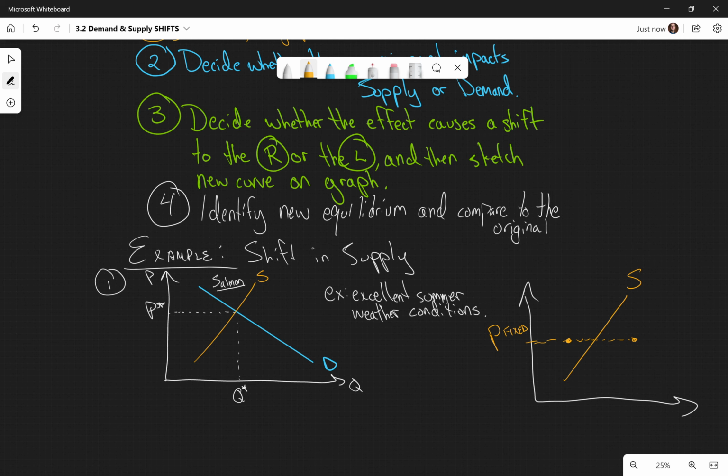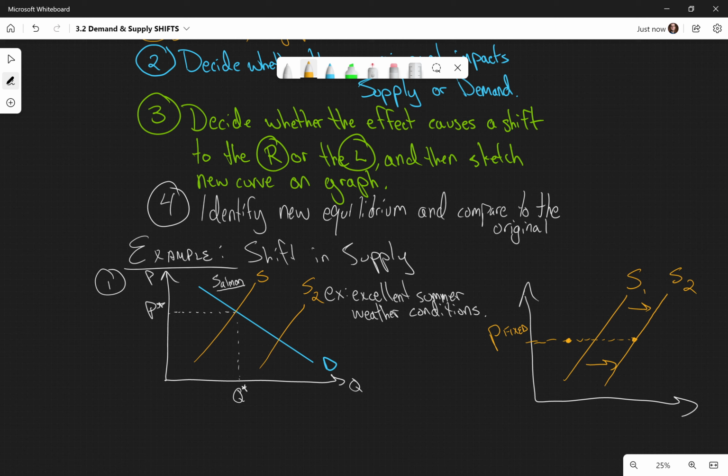So we do what's called a horizontal interpretation of the supply curve to tease out what this shift is going to be. So if there's excellent summer conditions and the price is fixed, am I going to be producing less salmon or more salmon? More salmon. Price is fixed, excellent weather conditions. So this is going to cause a shift outwards in my supply.